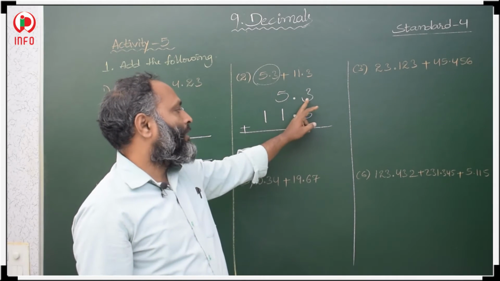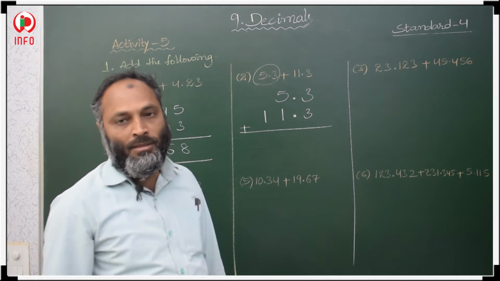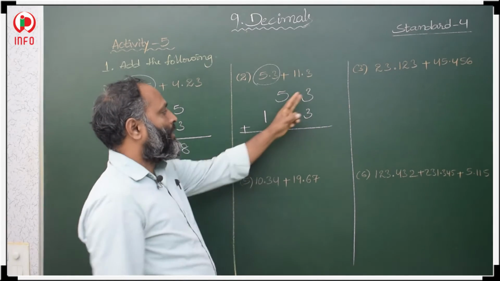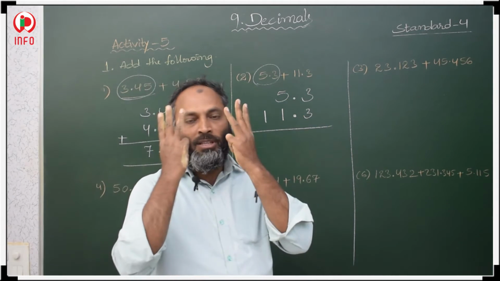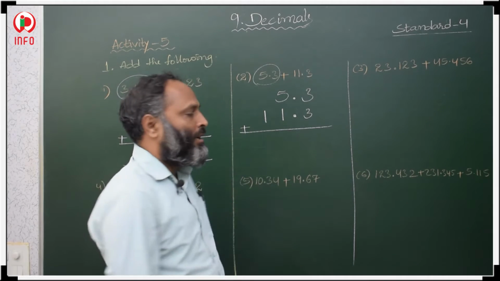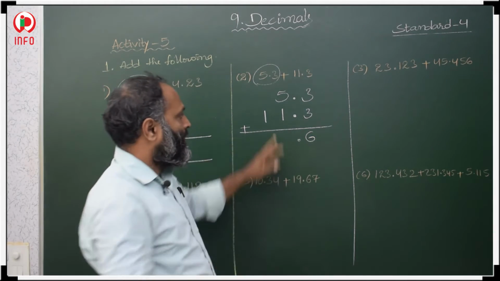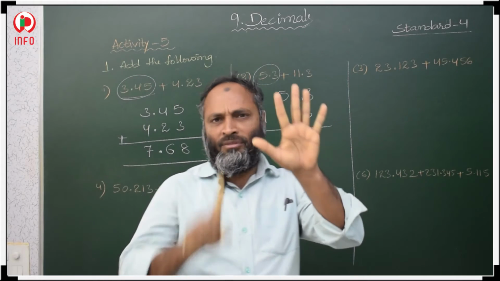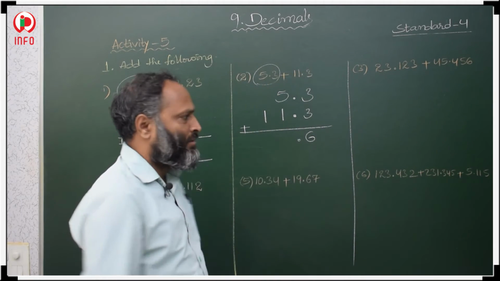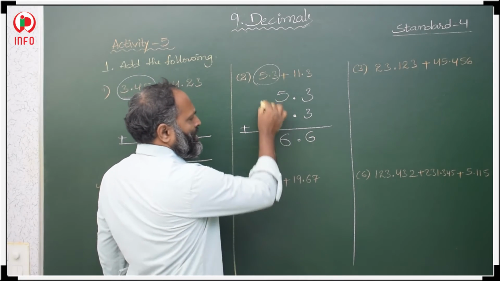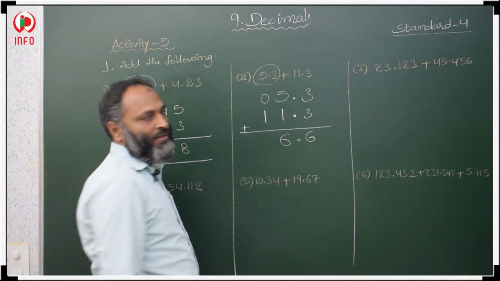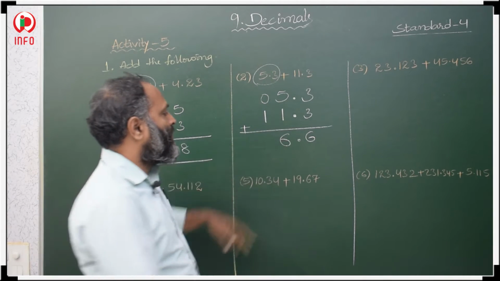After the decimal we have 1 place, and after the decimal we have 1 place. Then you add the decimals first: 3 plus 3 is 6. From right to left we add the point. Then 5 plus 1 is 6, and here in the tens place, if you want to keep 0, that's your wish, or otherwise 0 plus 1 is 1.